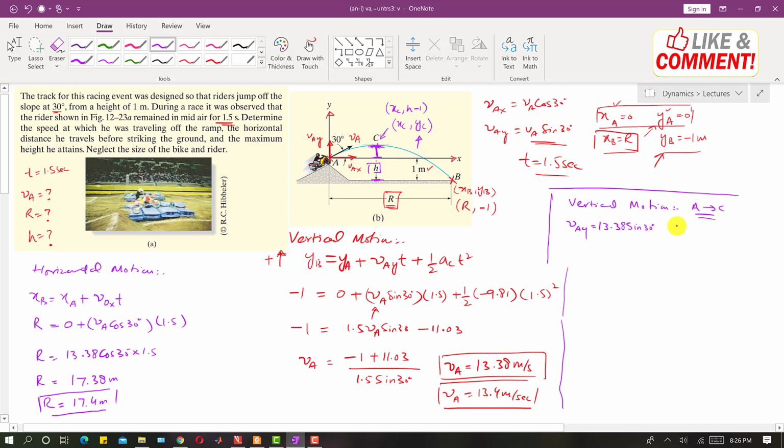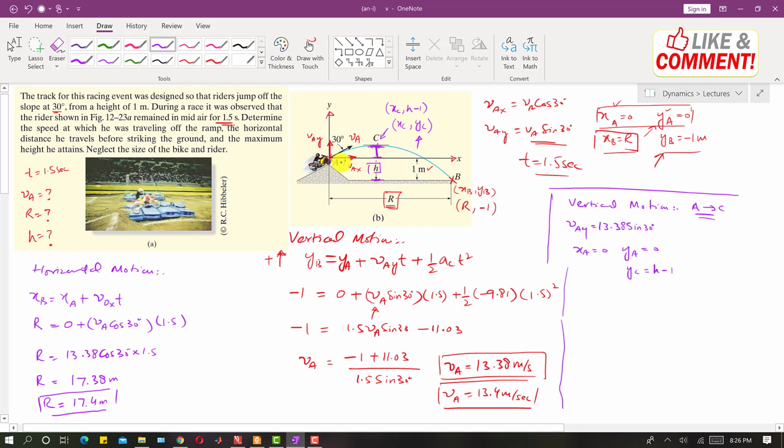The initial coordinates are XA and YA, which is 0. At this point, XC is not known, but YC is known, which is h minus 1. And we have to find this h.